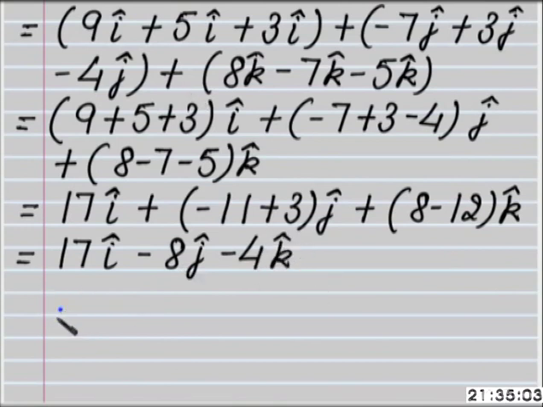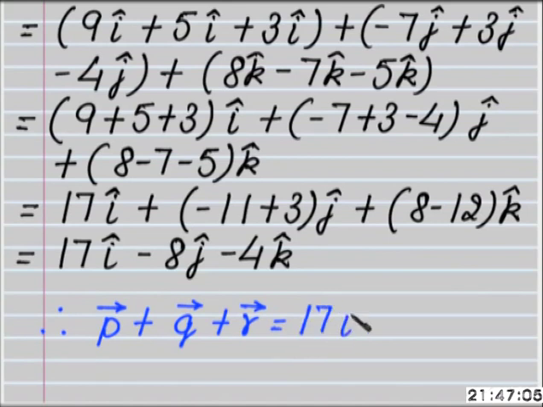Therefore, for the given vectors p, vector q and vector r, their sum, that is vector p plus vector q plus vector r, is equal to 17 I cap minus 8 j cap minus 4 k cap.